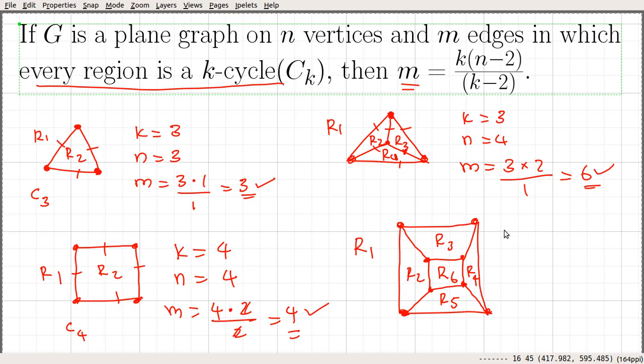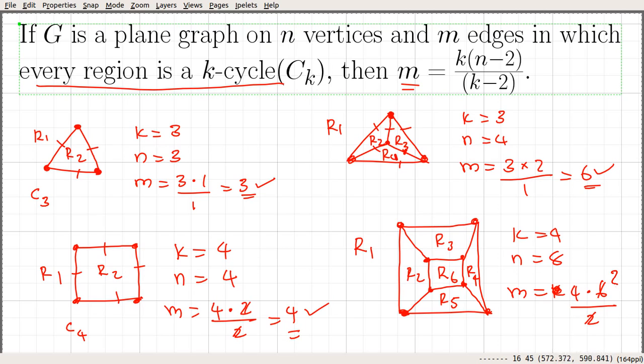Let's count the number of vertices and edges here. Here k is equal to 4, and the number of vertices is 1, 2, 3, ... 8. The number of edges will be k times (n minus 2) divided by (k minus 2): 4 times (8 minus 2, which is 6) divided by (k minus 2, which is 2).